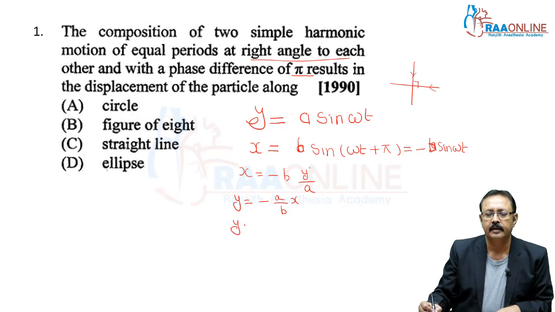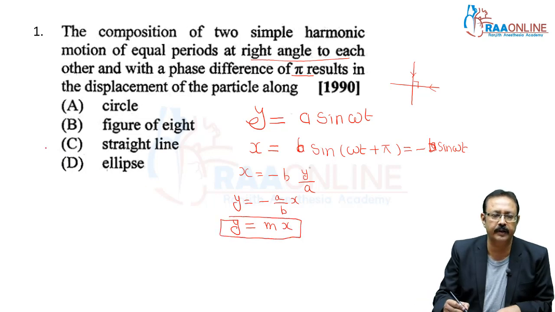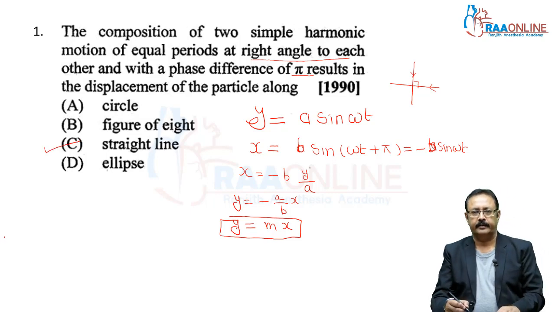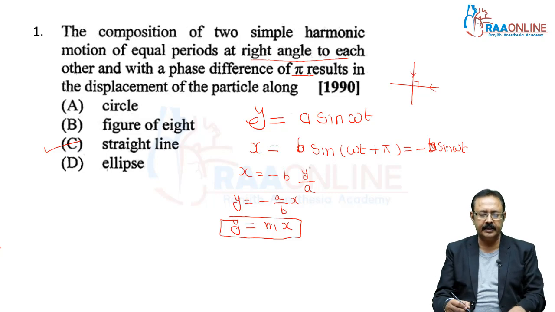It means the locus of the particle is a straight line like this. So we are going with C. The question was not very tough, but it is a combination of maths and physics.